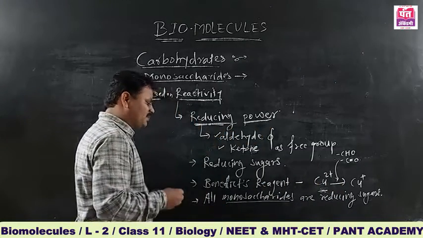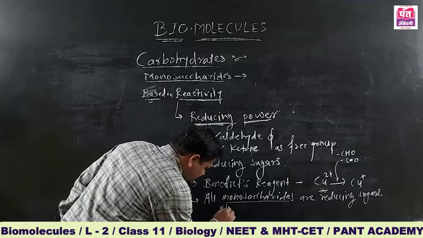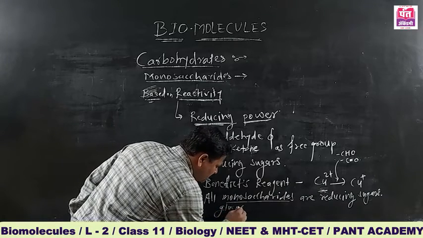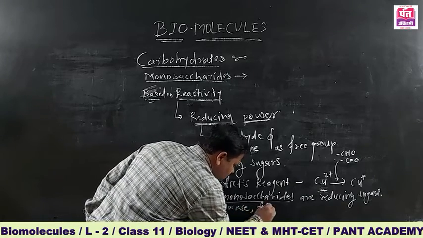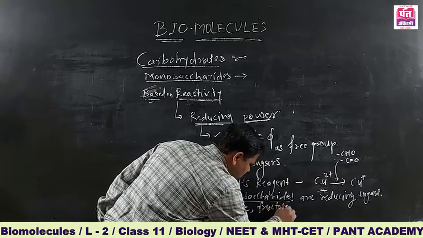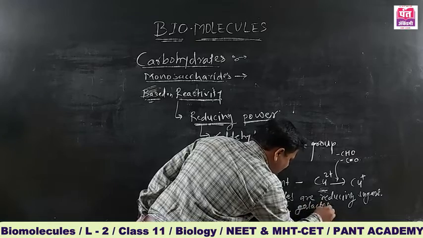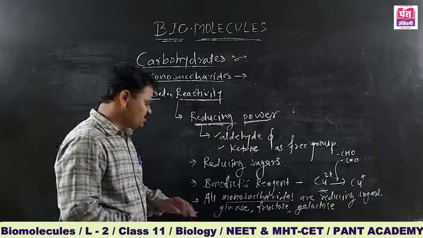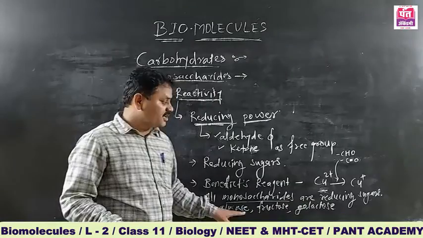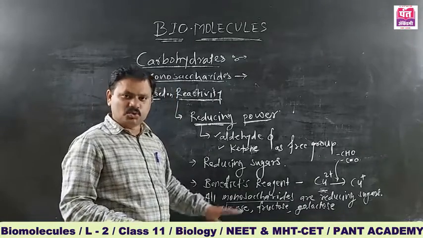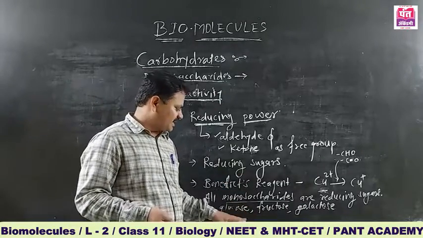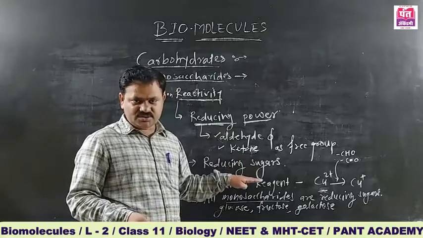Just to give examples, glucose, fructose, and galactose are the sugars which can be considered reducing sugars, and these are all monosaccharides.